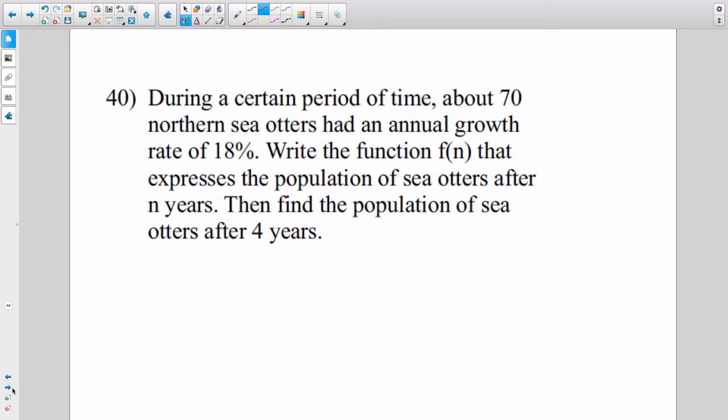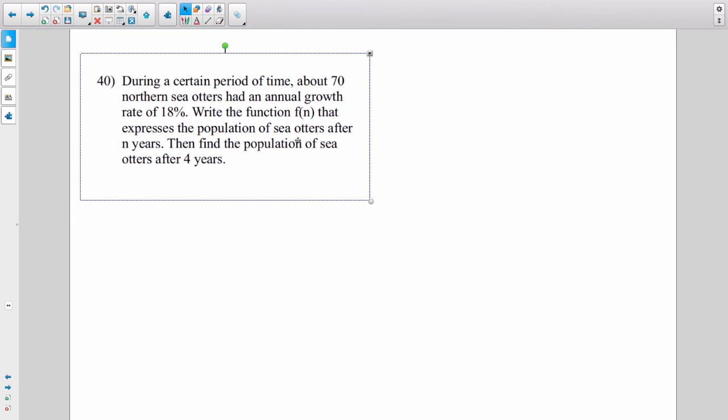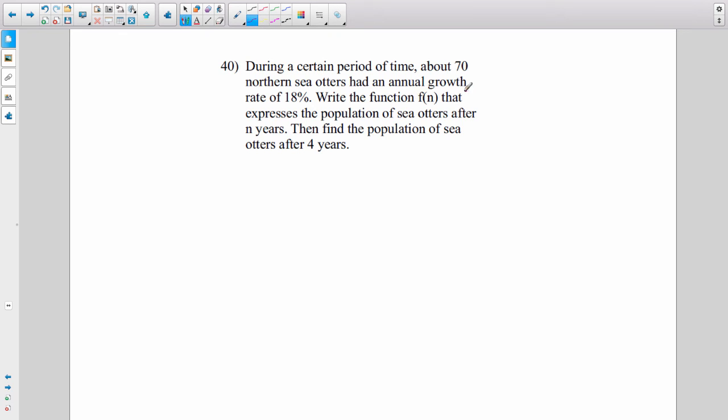Cool. Okay, so question 40 is talking about the growth of some northern sea otters. And they're telling us it's annual growth of 18%. So when you're dealing with annual growth and somebody doesn't use the word continuously, you have to assume the very basic annual growth formula.